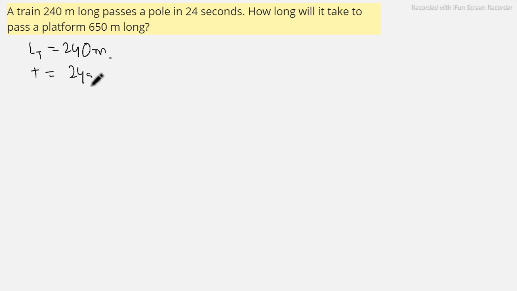This information is enough to find the speed of train. So speed of train will be length of train by the time taken by it to cross the pole. So this will be 10 meter per second.